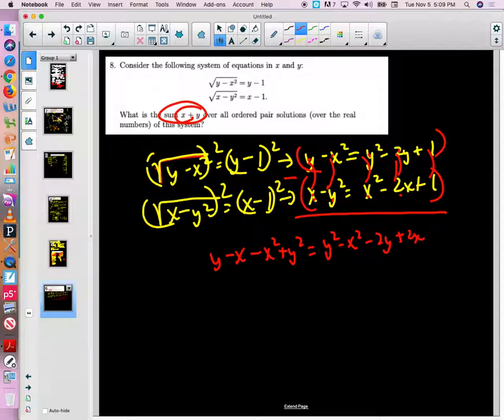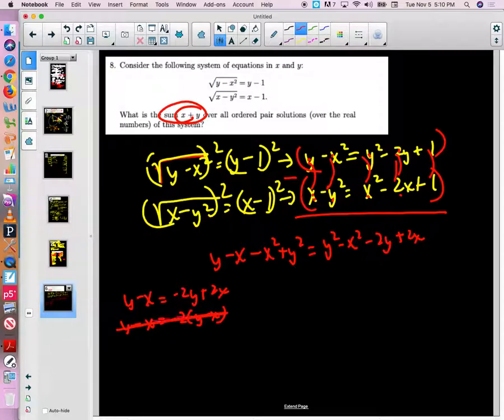Then, I can't remember what I did after that. I knew somehow that y equaled x, and I can't remember how I knew that. Let me look back at my work. I can't remember why I would have this: y minus x equals negative 2y plus 2x. If you factor out a negative 2, that leaves you y minus x.